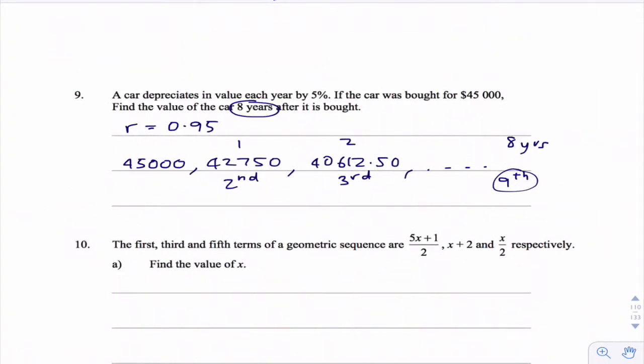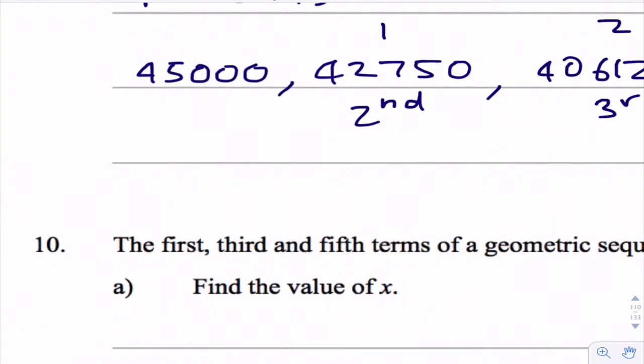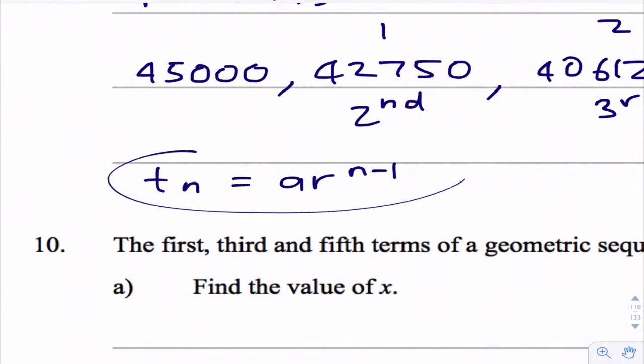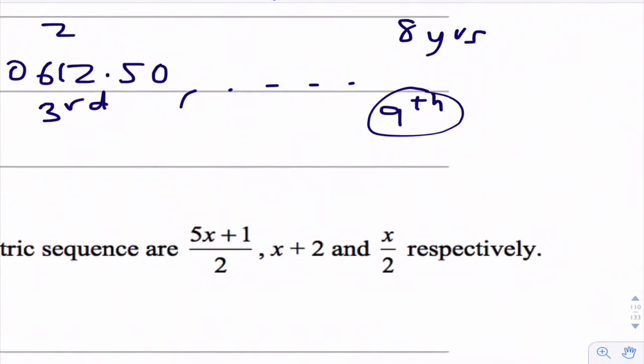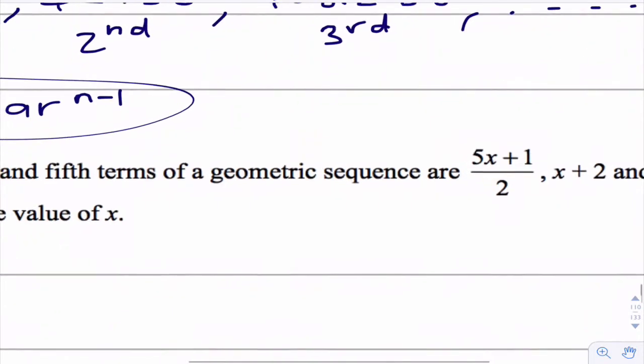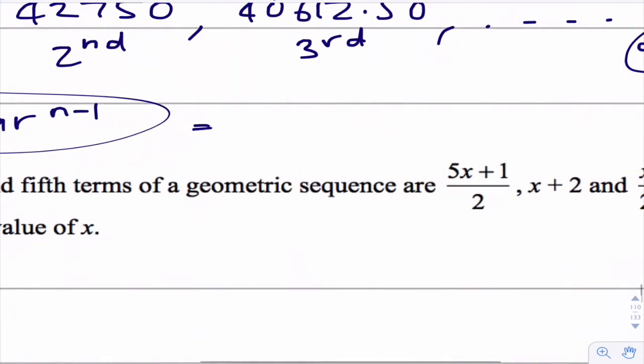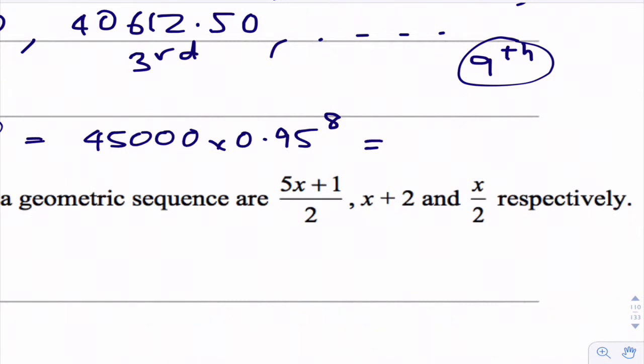So the formula for your geometric series here, the nth term is a r to the n minus 1, and we're still going to use that formula, but we just need to recognize that here n is 9. The 9th term of the sequence gives us the value of the car after 8 years. So here we've got 45,000 times 0.95 to the power of 9 minus 1, or to the power of 8.